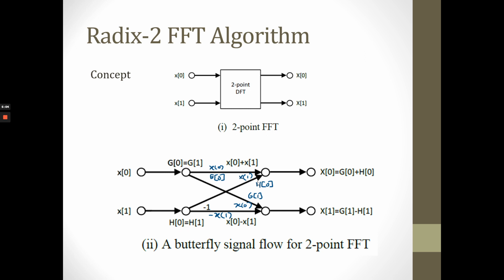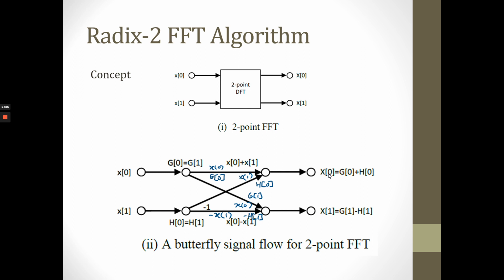So for k0 we use h0, and for k1 we use negative h1, since this is negative X1. So this node is for the addition process for this signal and this signal.